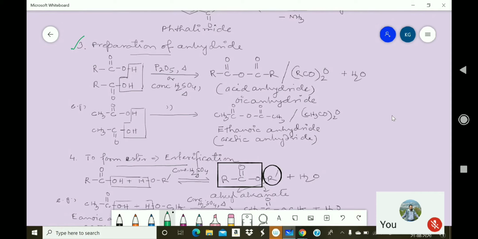As an example, if we remove water from two molecules of ethanoic acid, we can get ethanoic anhydride, commonly known as acetic anhydride, and in short we write it (CH3CO)2O. So in this way anhydride can be formed.